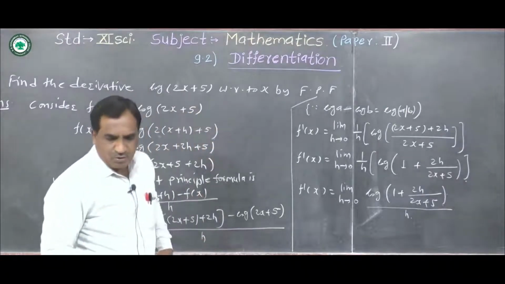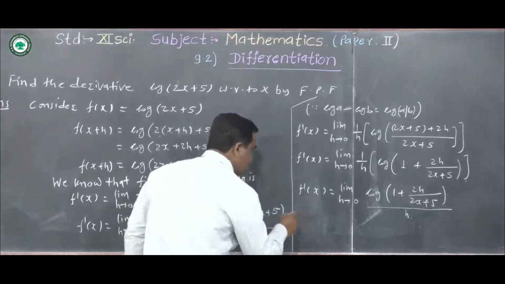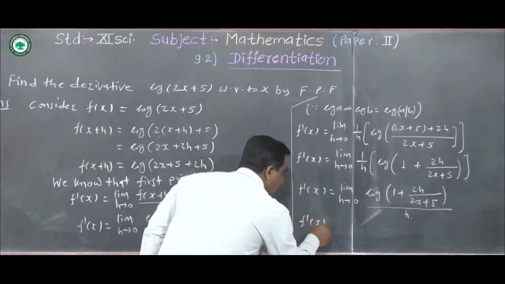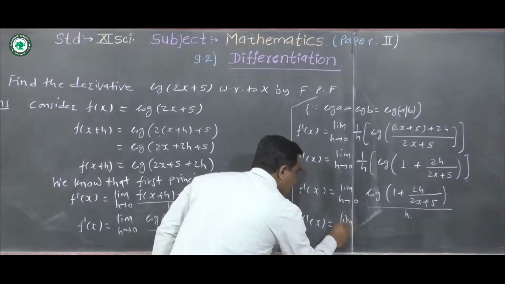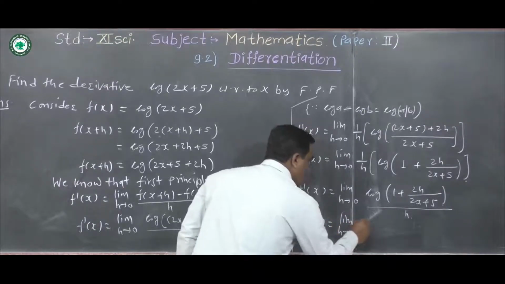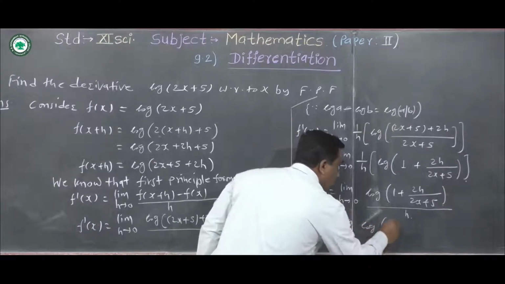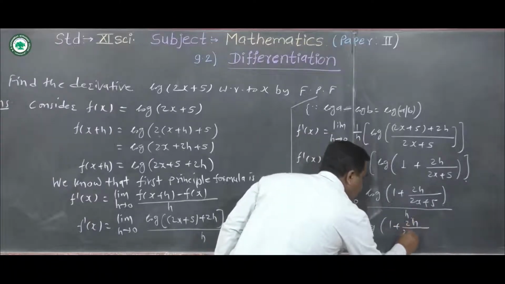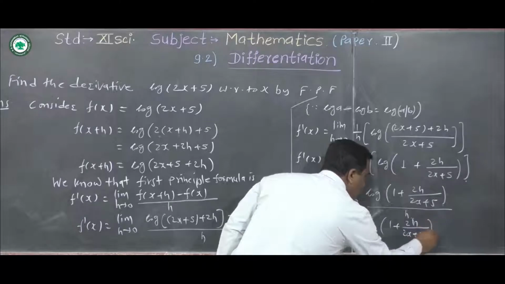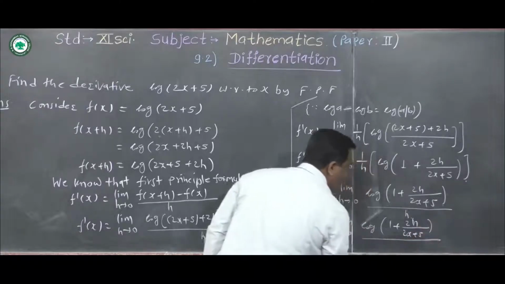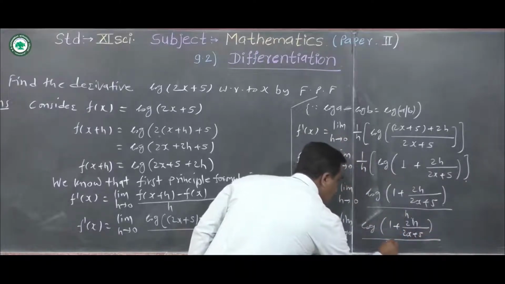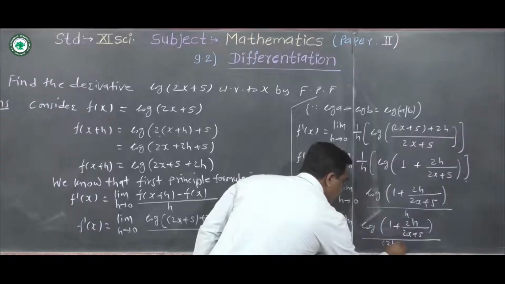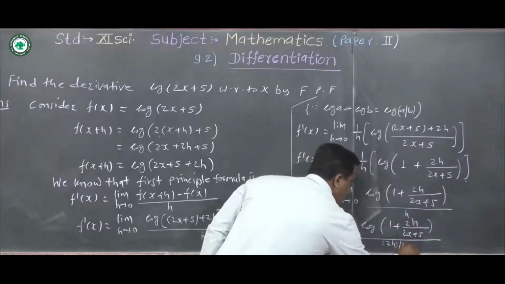We can take the log also outside. f dash of x is equal to limit h tends to 0 of log of 1 plus 2h upon 2x plus 5, divided by h, as it is 2 into h upon this 2x plus 5.